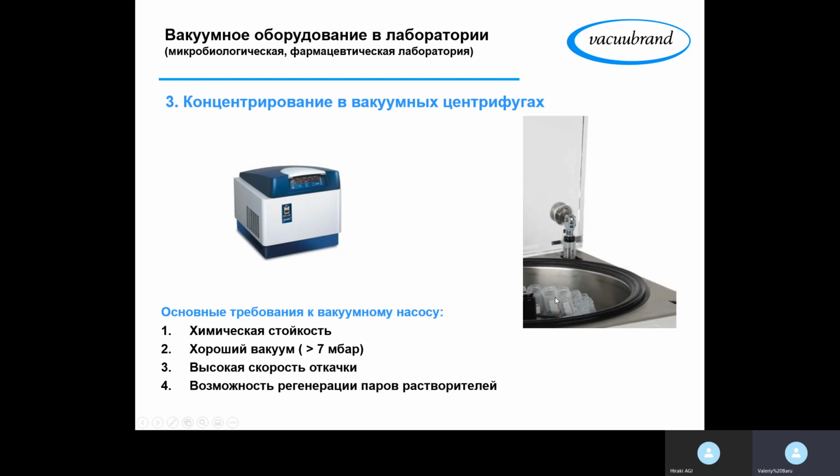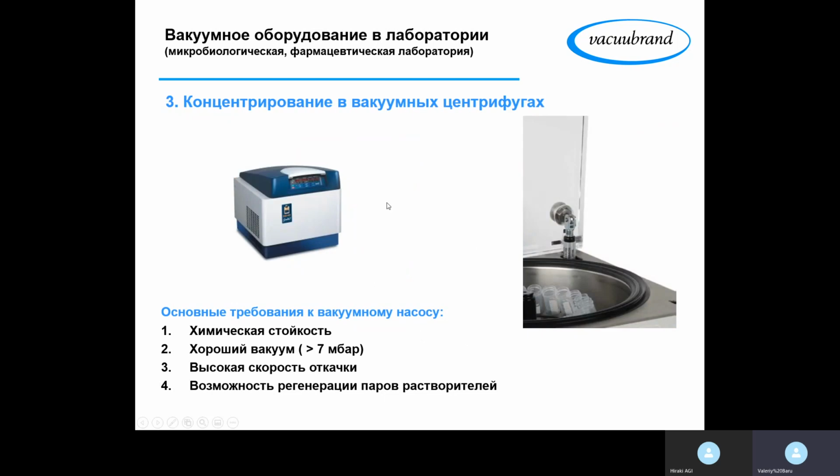The customer has their substance in these tubes inside the centrifuge, and they start to apply the vacuum, and the substance won't boil off the tube due to the centrifugal force, because first of all we start to rotate, and then we start to apply the vacuum. So this is another type of application, with the same requests as for the rotary evaporators.